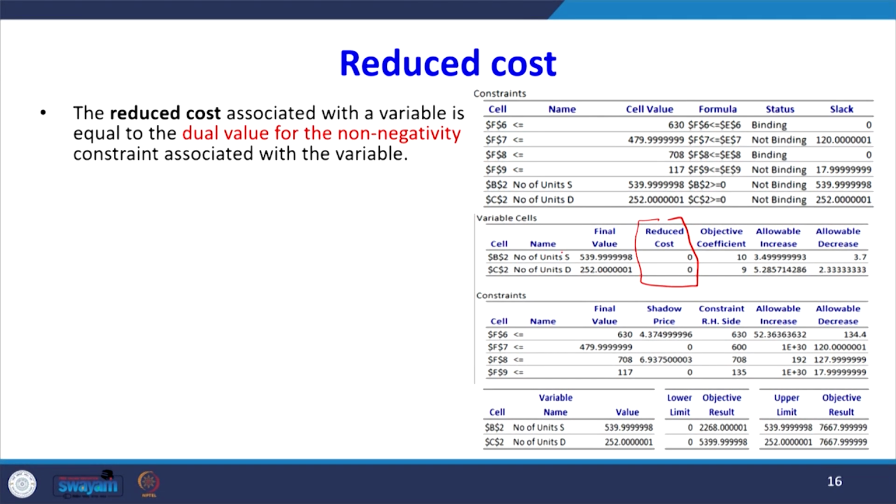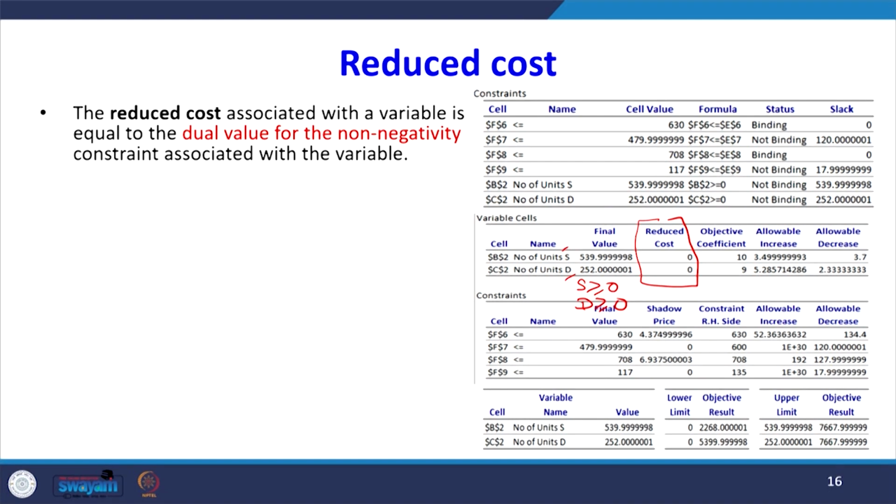There are two. These are non-negativity constraints because we are assuming that the decision variables are greater than or equal to 0. What are the non-negativity constraints? S is greater than or equal to 0, D is greater than or equal to 0. The dual values corresponding to these two non-negativity constraints are nothing but the reduced costs.